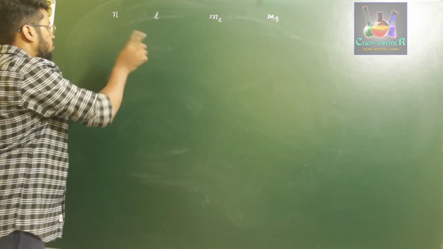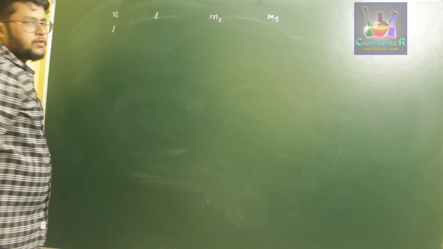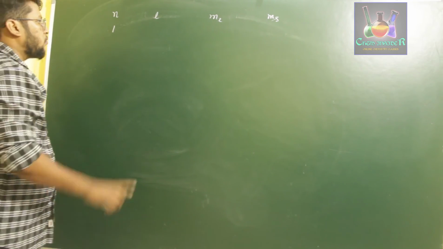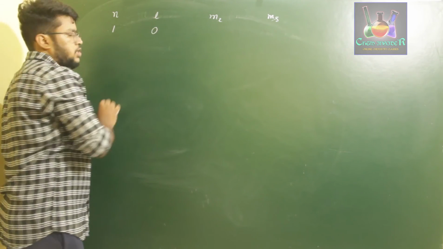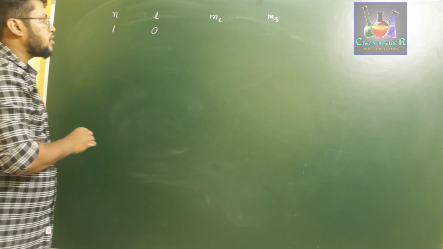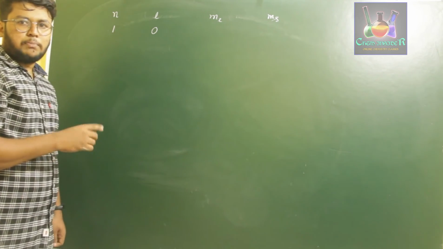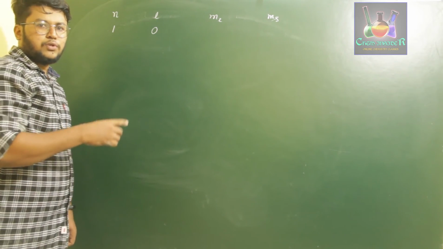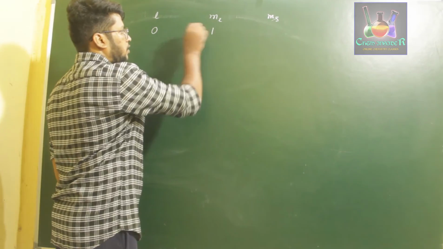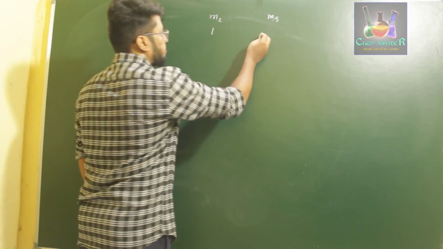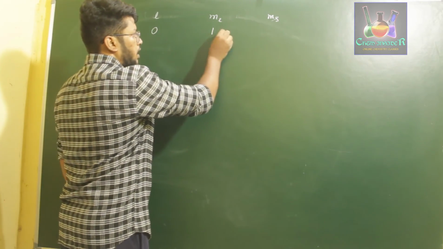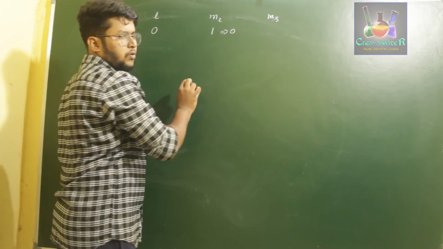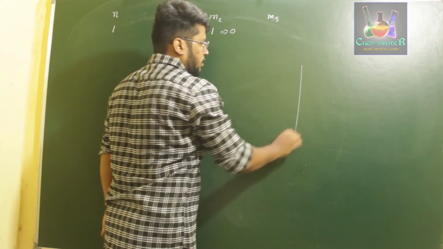We don't have n equal to 0, we start with n equal to 1. So for n equal to 1, l has one value, and that value is 0. If l is equal to 0, ml can have 2l plus 1 values. So 2 into 0 plus 1 gives us only one value.